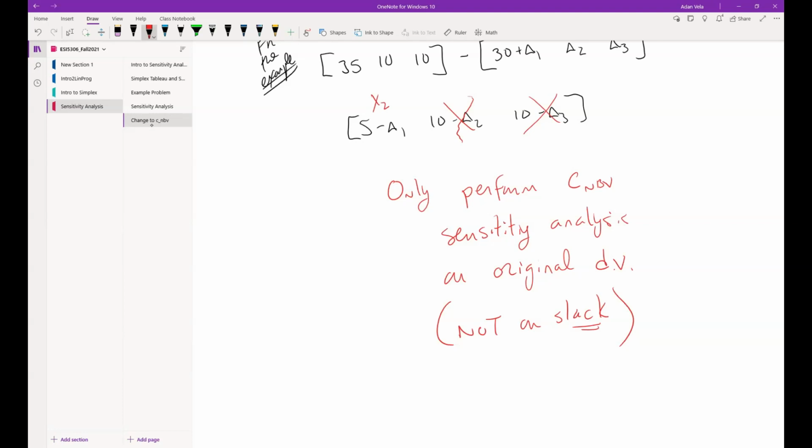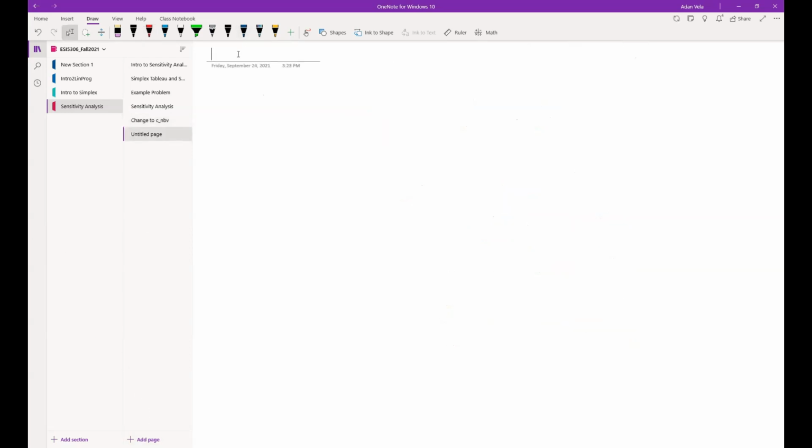So we learned how to do a sensitivity analysis when we change the cost coefficient for a non-basic variable. The next type of sensitivity analysis is to ask, what if we change the cost coefficient of a basic variable?